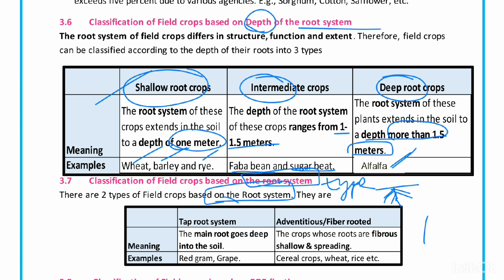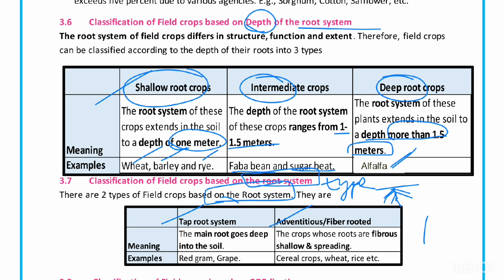Two main types of root system are the taproot system and the adventitious or fibrous root system. You can recall that when we were discussing the difference between monocot and dicot, we discussed in brief about these two types of root system. So let me tell you that difference here.